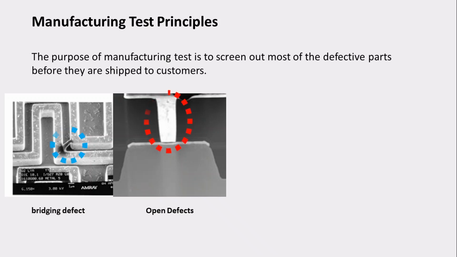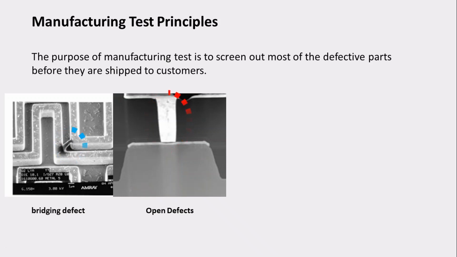The connection has not been made over here. The connection has to be there, but because of some defect, the wiring has not been done at this particular point. So this is open. This has to be connected, but this is open, whereas this should not be shorted, but it is being shorted. So these are different types of errors.